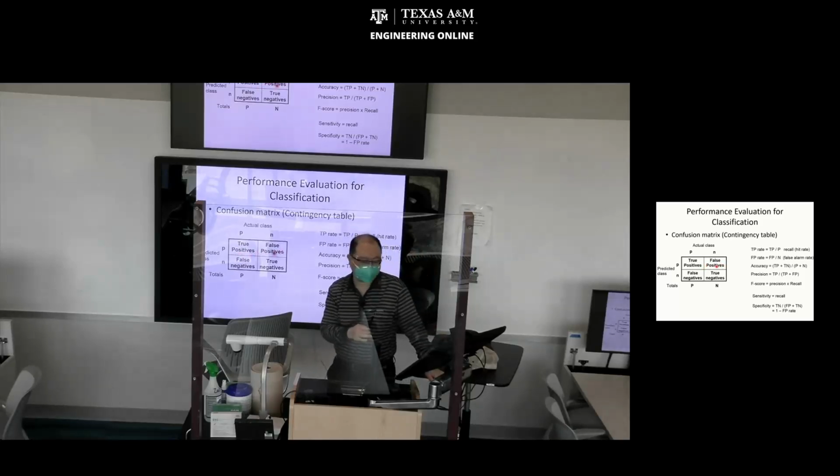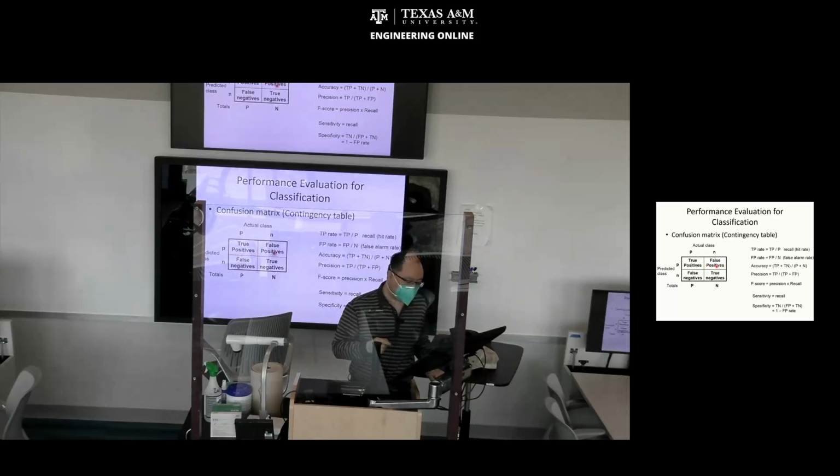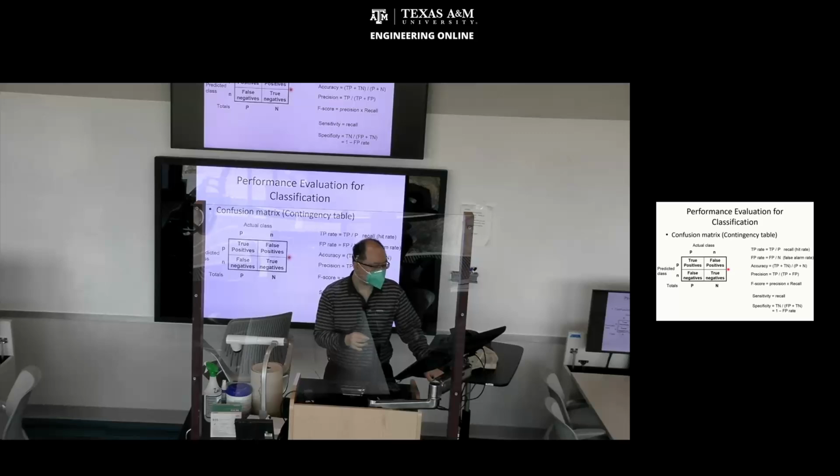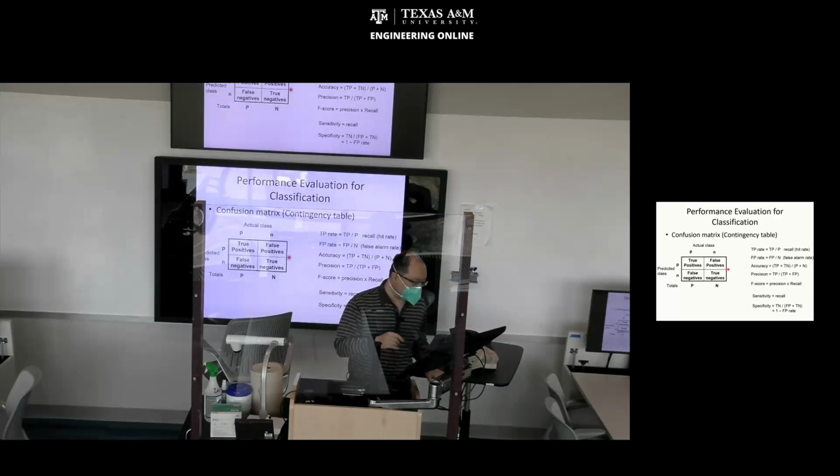So that's sensitivity. The false positive rate is the false alarm rate. That's the number of false positives divided by the number of negatives. So the false positive divided by this second column. Oh, wait a second. When I said the true positive, did I say the first row? I apologize for that. It's the first column, okay?